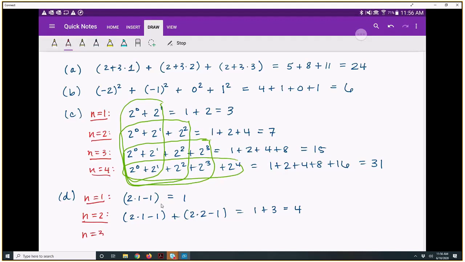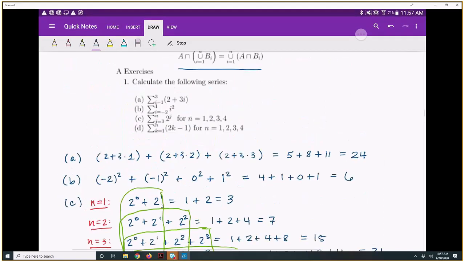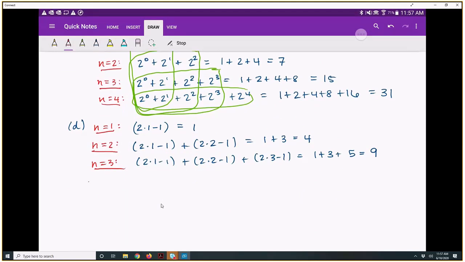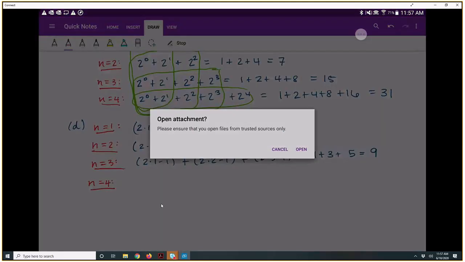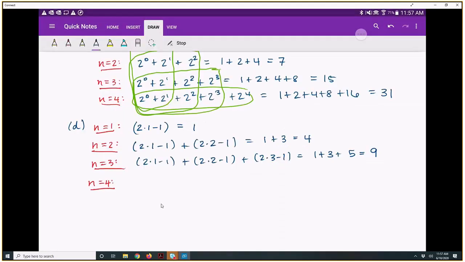If my terminal index is 3, then I have 2 times 1 minus 1 plus 2 times 2 minus 1 plus 2 times 3 minus 1, which is 1 plus 3 plus 5, and that's 9. And finally, if my terminal index is 4, then I have 2 times 1 minus 1 plus 2 times 2 minus 1 plus 2 times 3 minus 1 plus 2 times 4 minus 1.